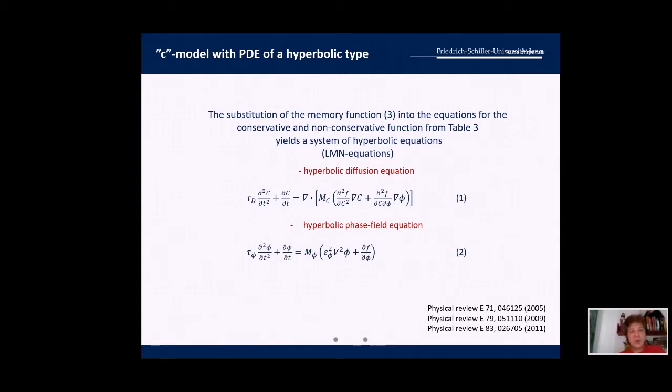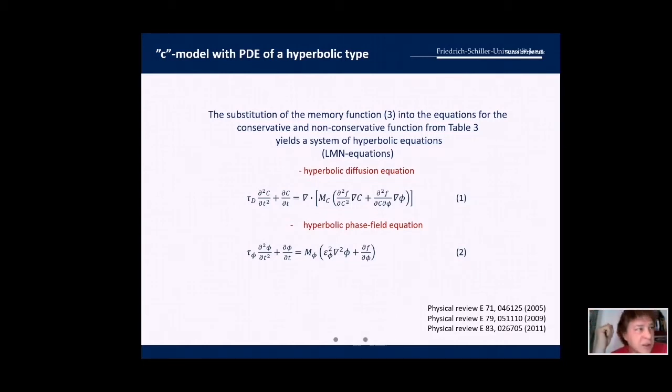So by the classification of phase field diffuse interface models, we can summarize our equations in the manner of A, B, C models. A means that we have a description for the non-conserved order parameter.